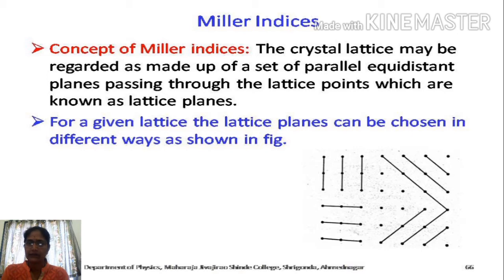The crystal lattice may be regarded as made up of a set of parallel equidistant planes passing through the lattice points, which are known as lattice planes.